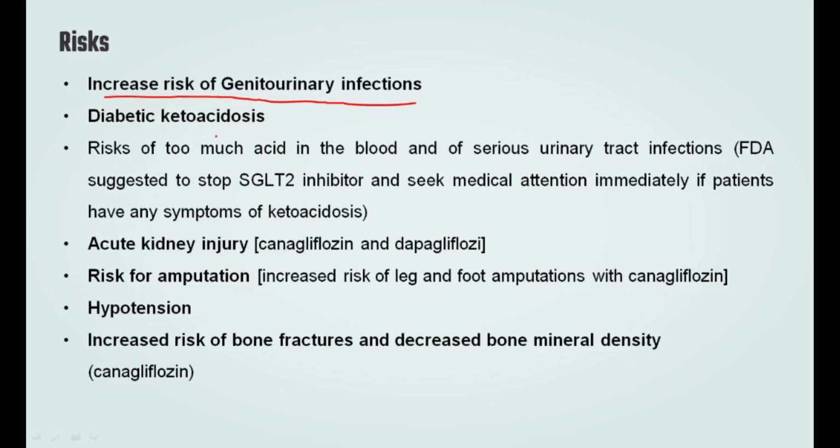So the FDA also warned about the risk of too much acid in the blood and serious urinary tract infection. And the FDA suggested to stop the SGLT2 inhibitor and seek medical attention if the patient has any symptoms of ketoacidosis.